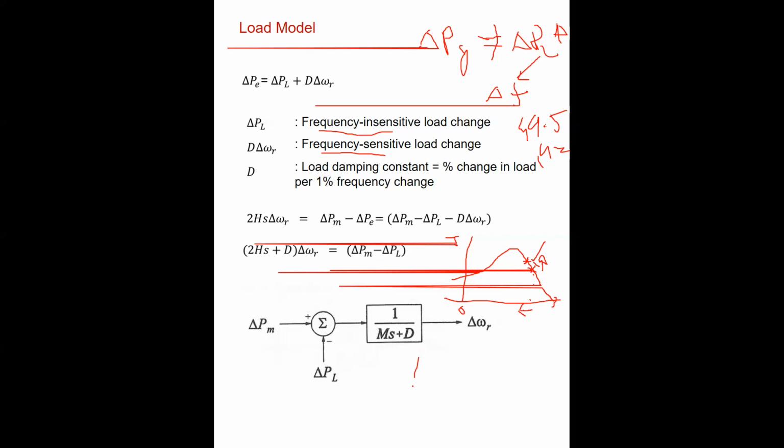Let me say it this way. This was 50 hertz, right? And let's say the frequency dips here, right? And if there is a motor load here, then initially this is a positive torque, and thus it will try to minimize the dip in the frequency here.